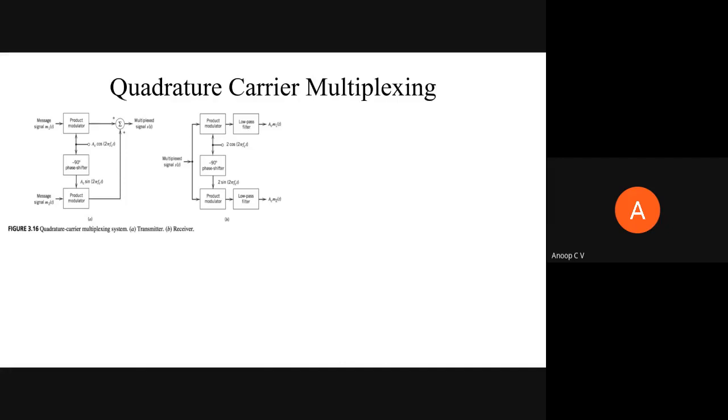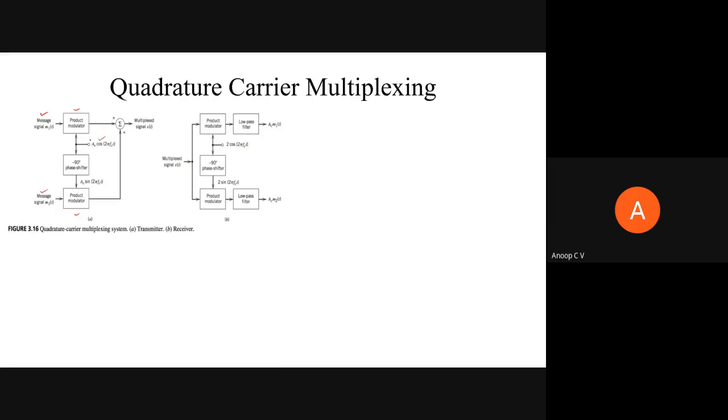It's quite straightforward. It follows from whatever we have learned: the product modulator or the coherent detector, and the idea of quadrature null effect. We can see here we have two messages, m1(t) and m2(t). Those two messages are given to product modulator 1 and product modulator 2, and we have a local oscillator which produces Ac cos 2 pi fc t.